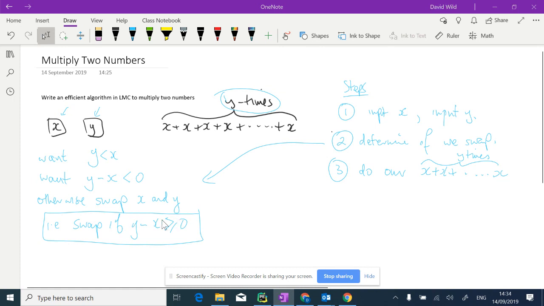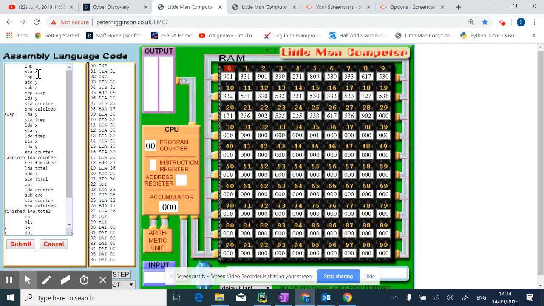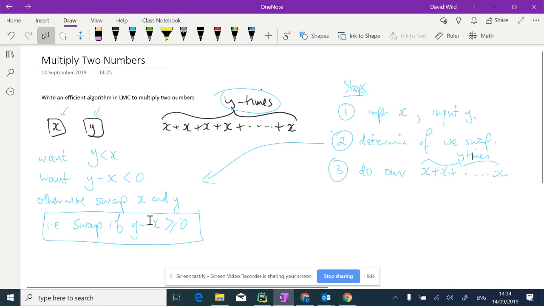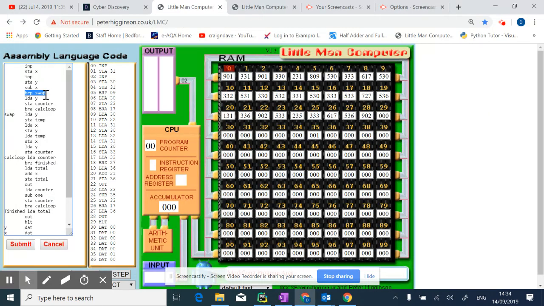If we're subtracting x from y, this is our y minus x, and then we're going to say if it's positive, then we're going to swap. So that's what this is. Positive or 0, actually. Obviously, if they're equal, it doesn't matter whether you swap them or not. So if it's positive, then we're going to swap, which jumps down to here. So we're going to branch positive if swap.